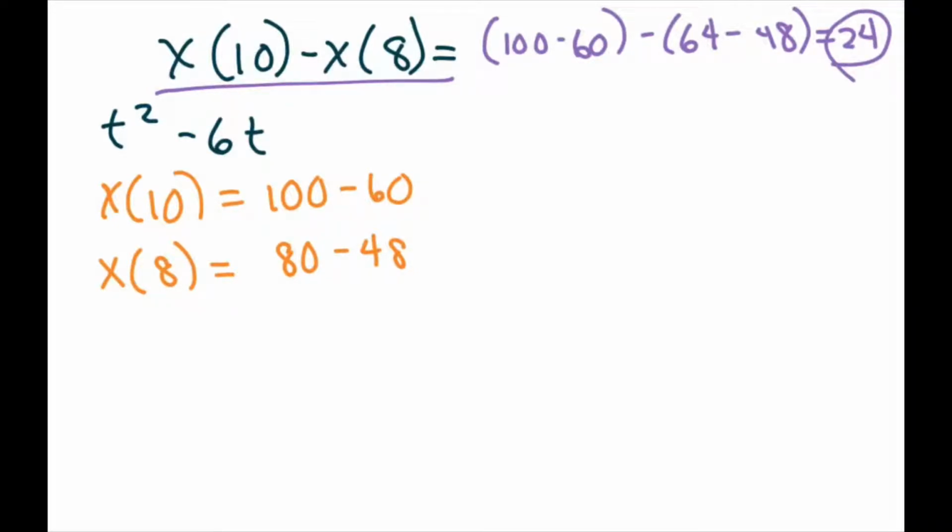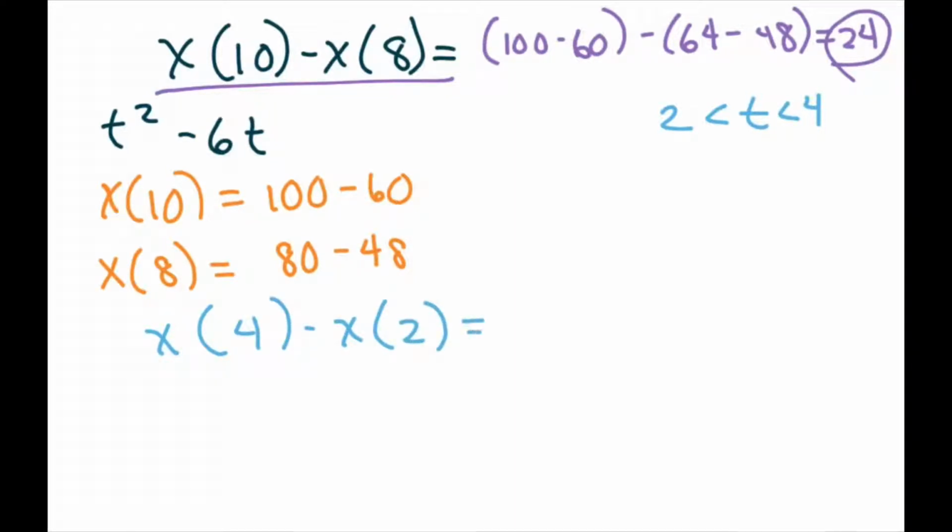The problem is going to be if we try, like I said before, between 2 and 4. So we're going to do x of 4 minus x of 2. So 4 is going to give us 4 squared. This is not 80, 64 here.